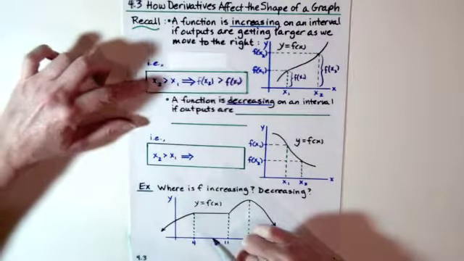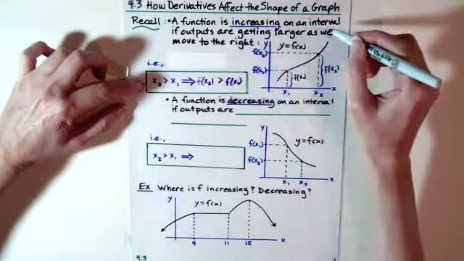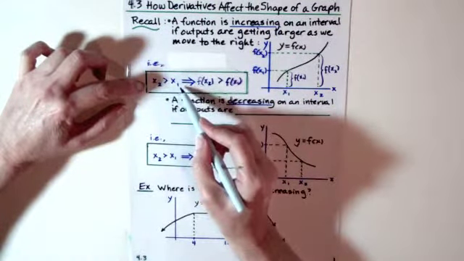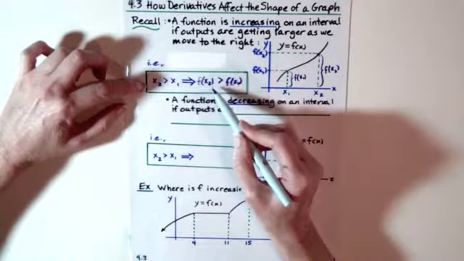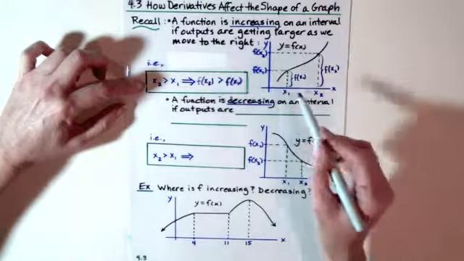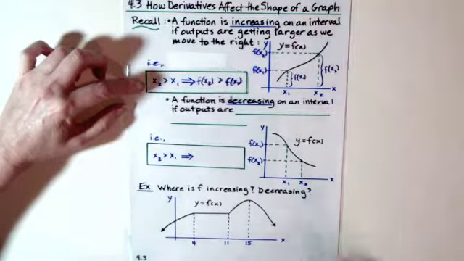And that's really the technical definition of a function being increasing. We say a function is increasing on an interval if whenever x2 is greater than x1, it implies that f of x2 is greater than f of x1. So as we move to the right on the graph, these outputs are getting larger.